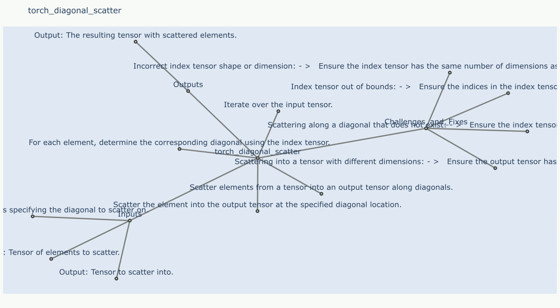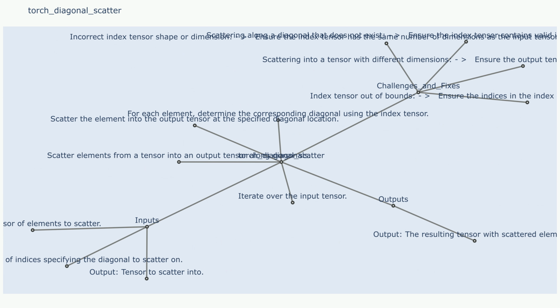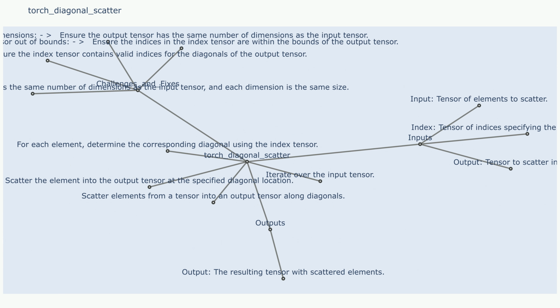Output tensor. Output: an optional tensor serving as the initial state for the output. If not provided, a new tensor of the appropriate shape is created filled with zeros. Dim: an optional integer specifying the dimension along which to scatter the elements. Defaults to 0.